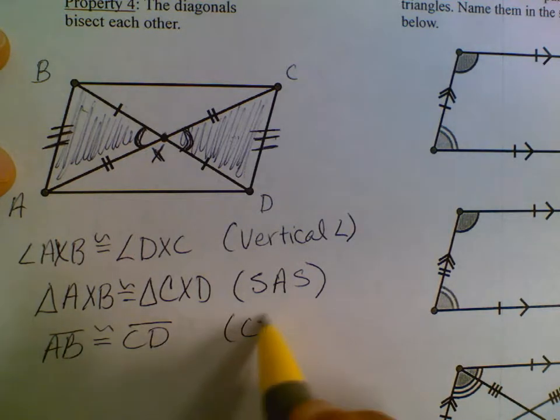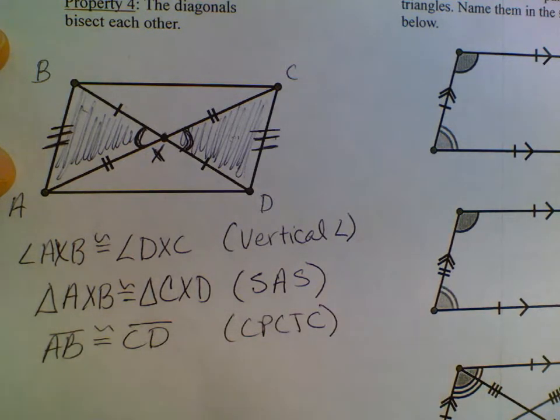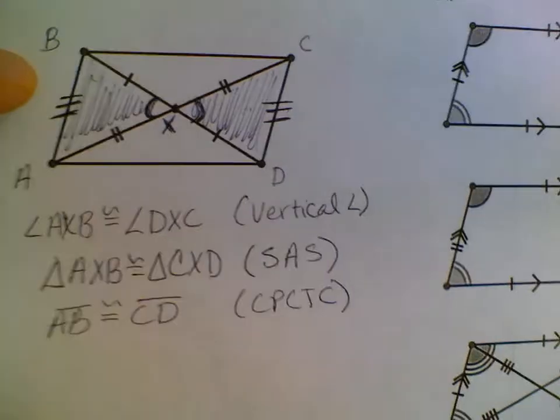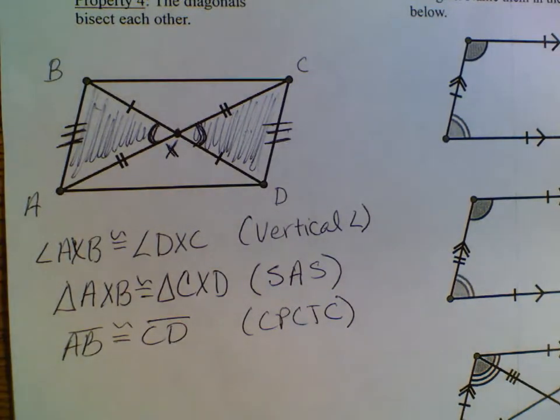By corresponding parts of congruent triangles being congruent. All right, well, what else do I need to show? So we've proven that one pair of opposite sides is congruent, right?